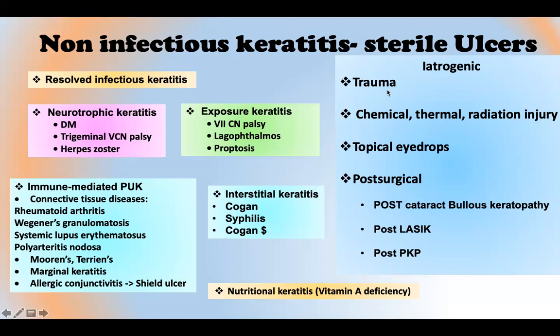It can be traumatic, chemical injury or thermal injury related, it can follow drops, it can follow surgery, bullous keratopathy or post-LASIK, or like Sahara. It's sterile, okay? Post-keratoplasty, like rejection. It can be nutritional, like vitamin A deficiency keratitis.